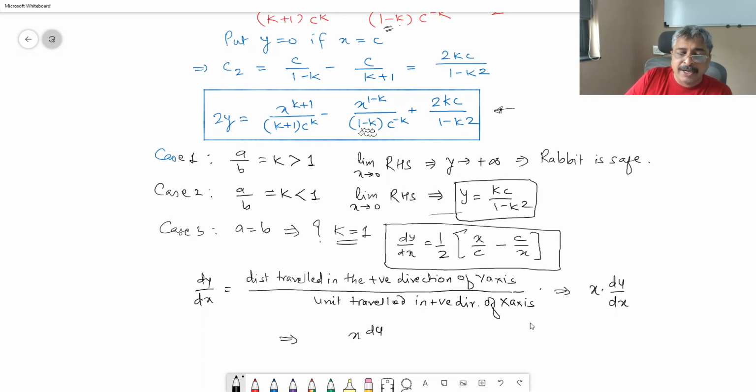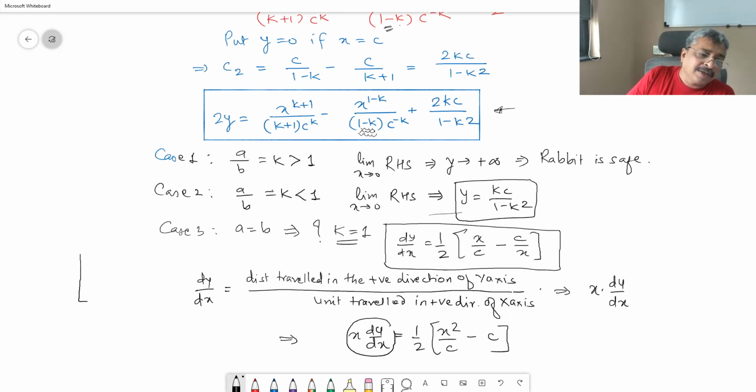So x dy by dx is equal to half x squared by c plus minus c, multiplying it by x, and I am interpreting this as, when delta x is very small, this is supposed to be dy, this is supposed to be dx, and this is the distance.